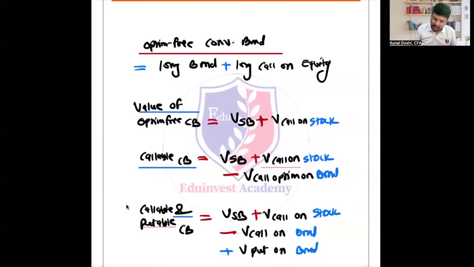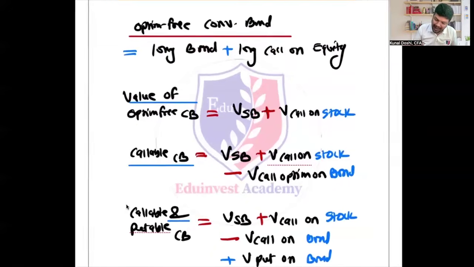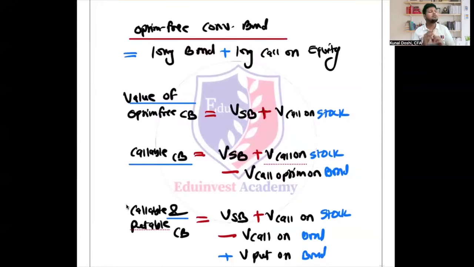Now, whenever you are buying an option-free bond, it's simple, like buying a normal straight bond. But when you're buying a convertible bond, you're not only buying an option-free bond, you're also buying a conversion option.